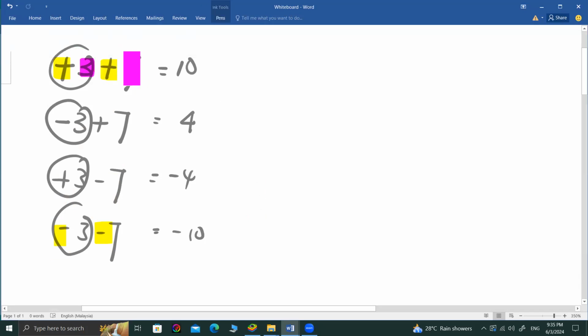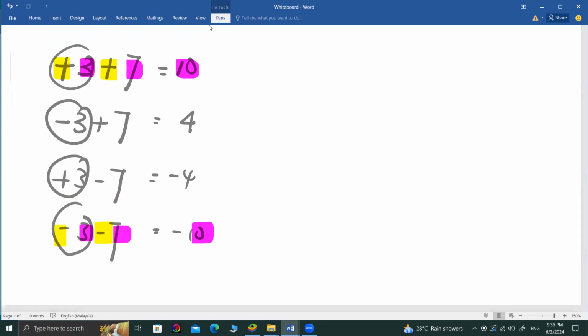See? 3 and 7, 10. But you follow the sign. Can you see positive here? So it's positive. Positive, no need to write anything. Can you see negative? So you put negative. For example, -1 minus 4. Answer?